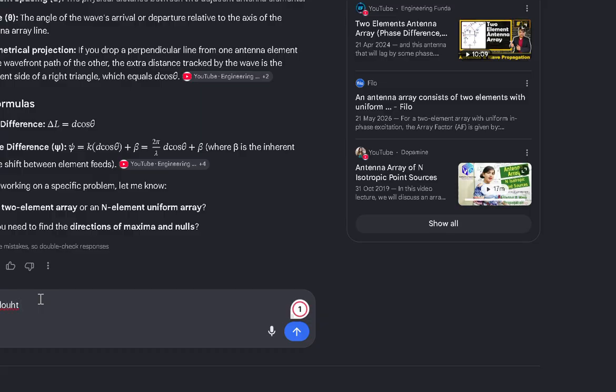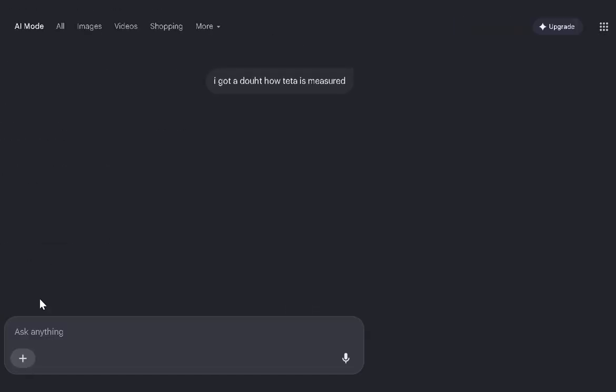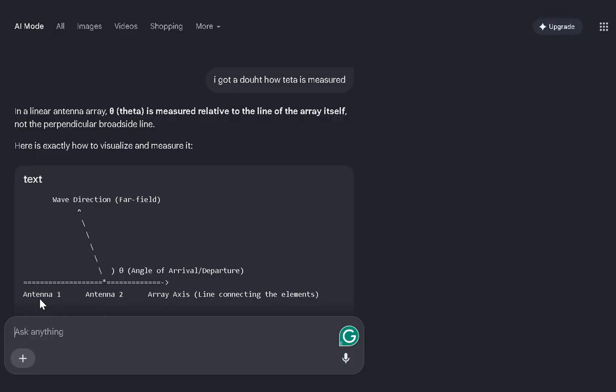How is theta measured? In a linear antenna array, theta is measured relative to the line of the array itself, not the perpendicular broadside line. Here is how to visualize antenna 1 and antenna 2.